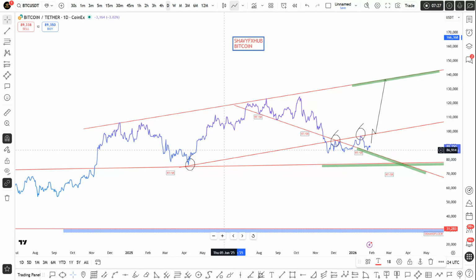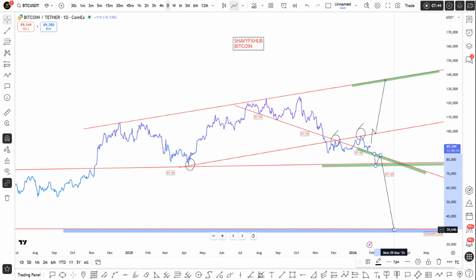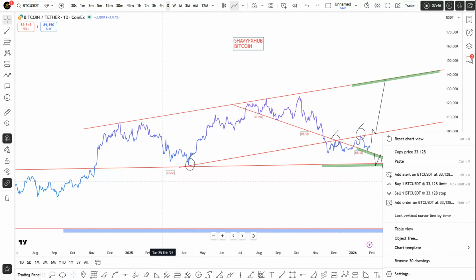So I think on weekly, we are not where we want to be yet. If we break out from the structure and we come back here, of course we challenge 74 and could technically use here as a resistance and come down here. These are case scenarios. Do not forget, these are case scenarios.